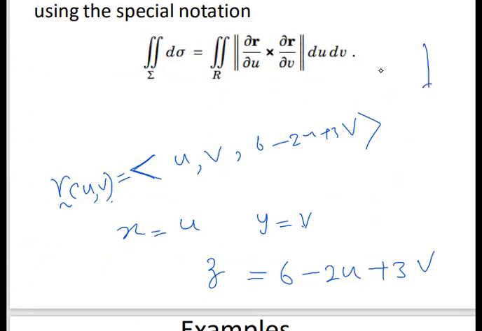So this is x, y, z. Drop the perpendicular, and drop another perpendicular to the x-axis. So this is x, this is y, and this is z, right?